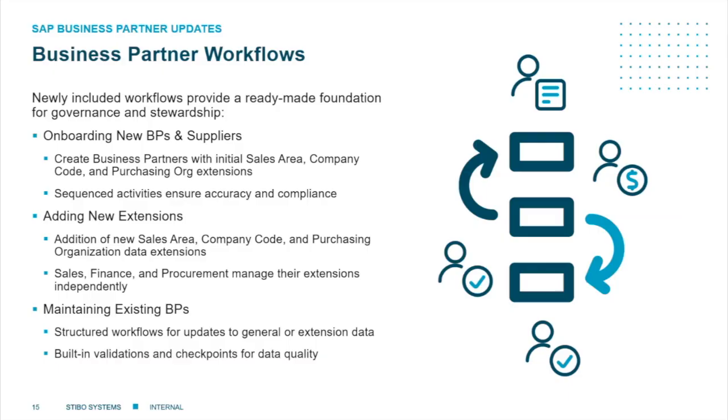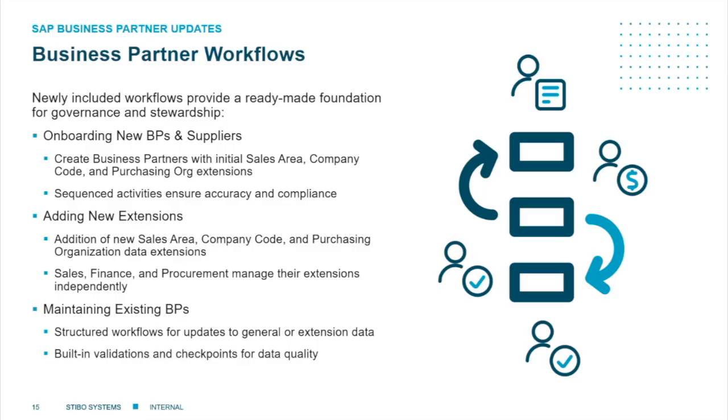Alongside data model recommendations, our business partner workflows serve as best practice templates for managing SAP Business Partner data. These ready-made workflows provide a strong governance foundation, reduce implementation effort, and accelerate time to value. Teams can adopt proven processes for onboarding, extending, and maintaining business partner records, ensuring compliance and data quality from day one.